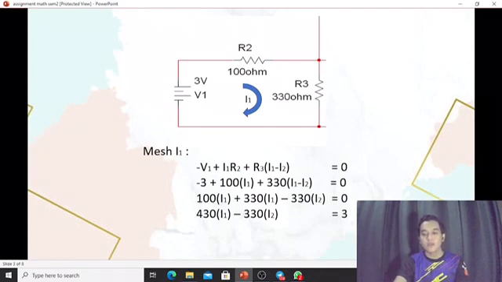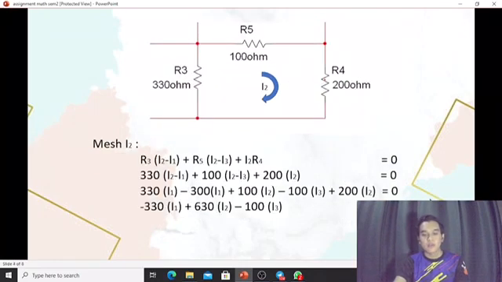In mesh I1, lastly we can get 430 I1 minus 330 I2 equals 3. So this is the answer from mesh I1.